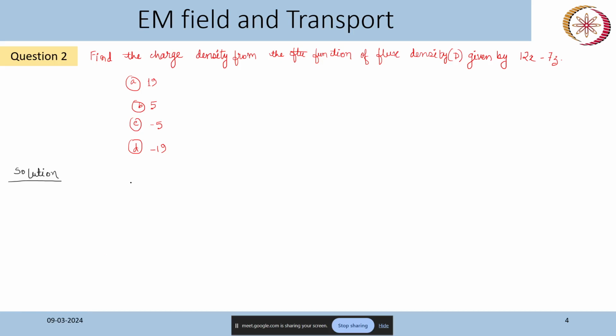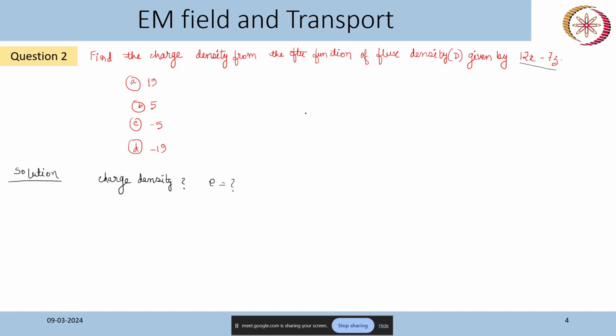Okay, so let's go through this question. We have to calculate the charge density. Charge density is denoted by rho, and the flux density D is given in this form.